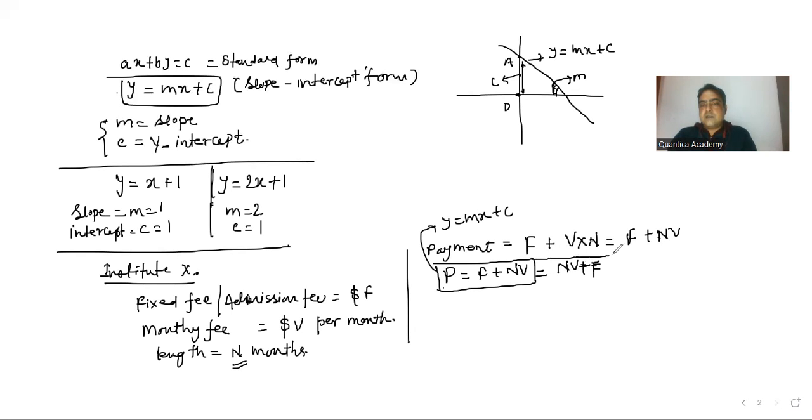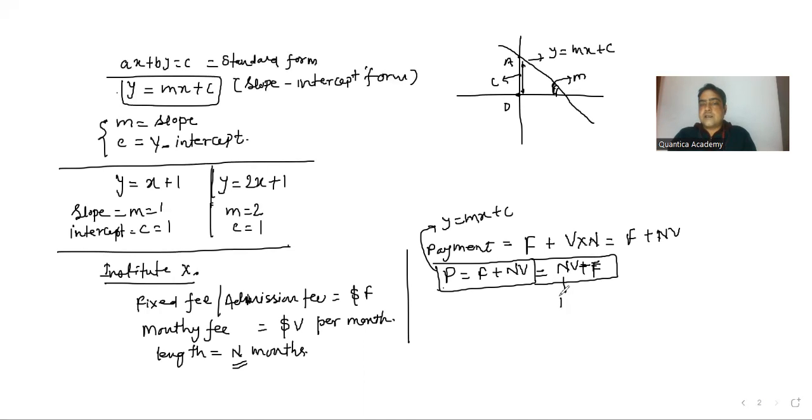Here, what are the dependent and independent variables? For various values of the number of months, you pay a different amount. If you choose a course of 1 month, you will pay less. If you choose a course of 2 months, you will pay more. For 3, you will pay even more, and so on. While there is a change in n, the total payment will change. So the total payment depends on the values of n.